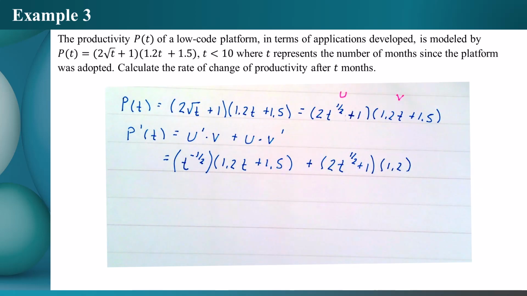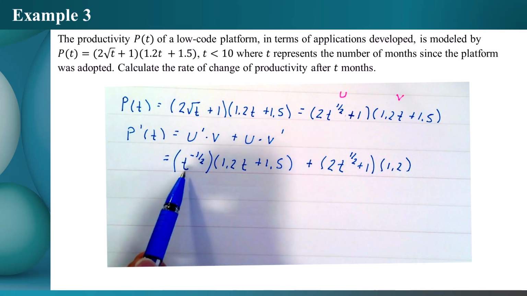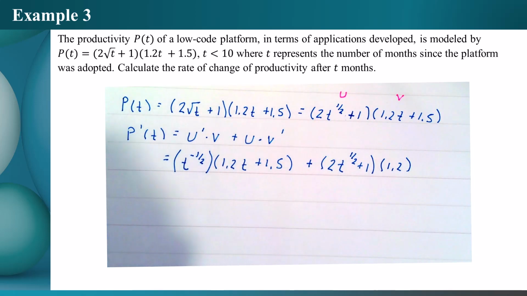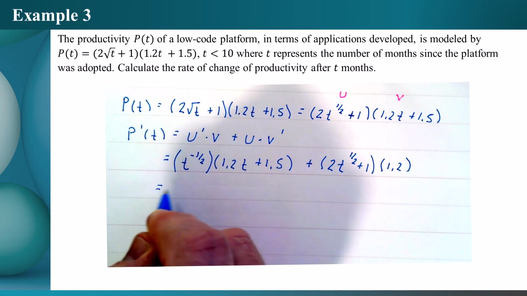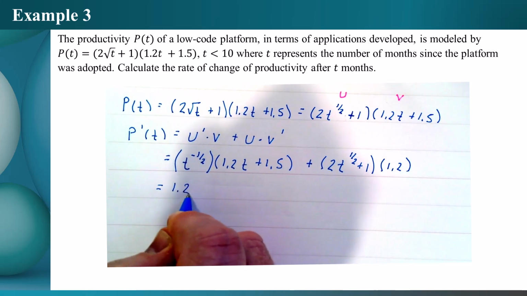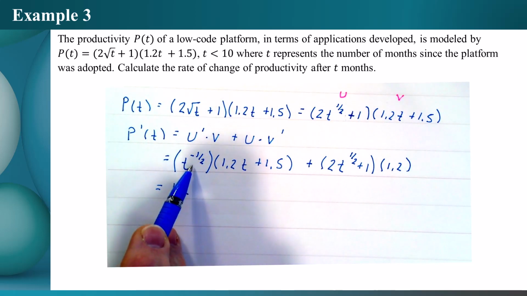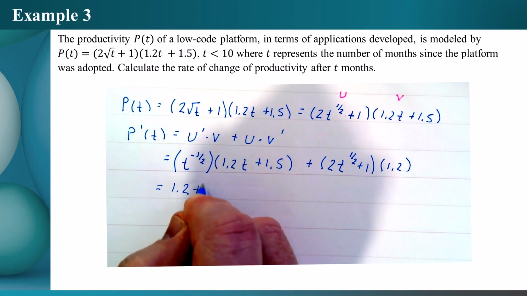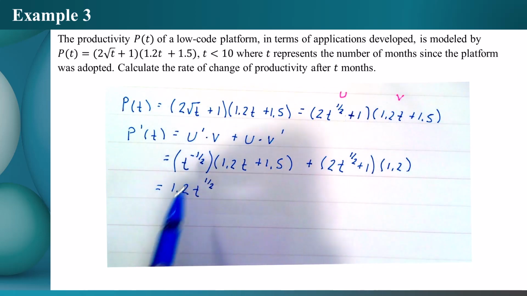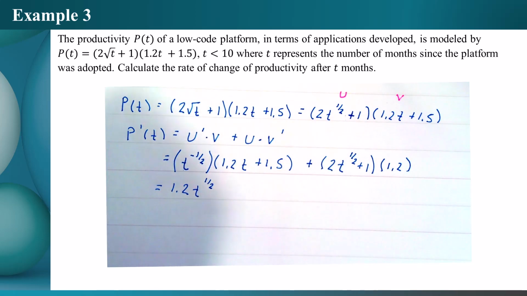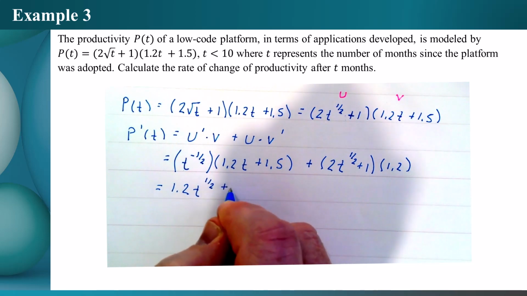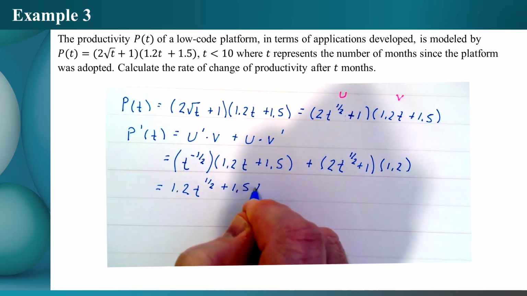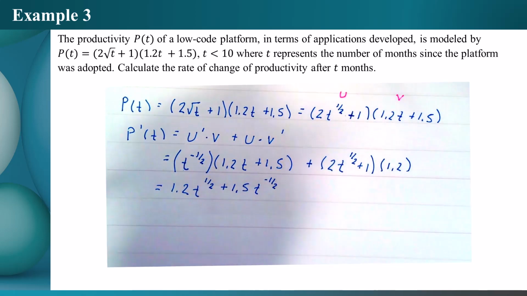Okay, well, let's see, I could probably simplify this a little bit. If I multiply this t to the negative 1/2 inside these parentheses right here, I would get 1.2. Now t to the negative 1/2 times t to the first would just give me t to the 1/2. And multiply this by 1.5, I get 1.5 t to the negative 1/2.